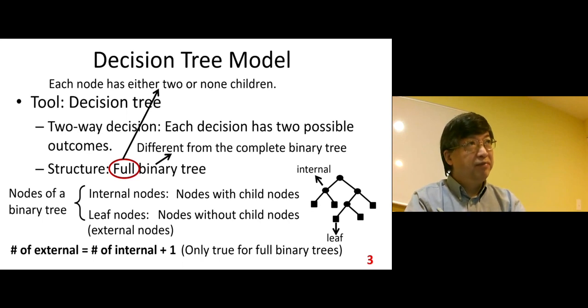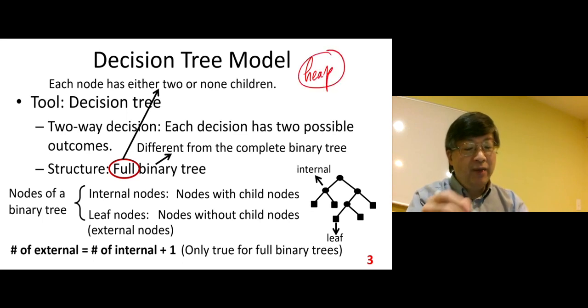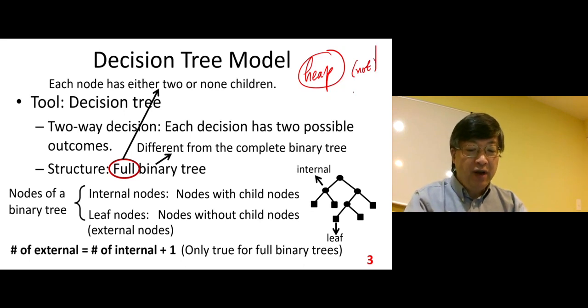Here I can remind you of the heap. A heap is a binary tree, right? Think about it: is a heap a full binary tree or not? The answer is no, because in a heap we can have one node with one child and the other branch empty.